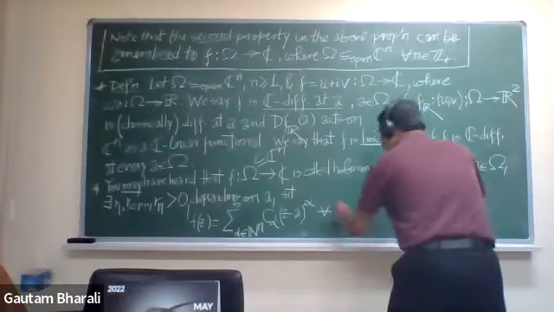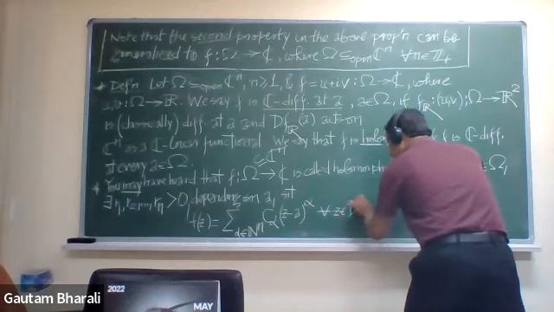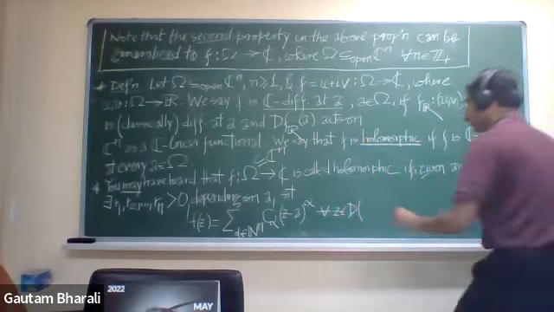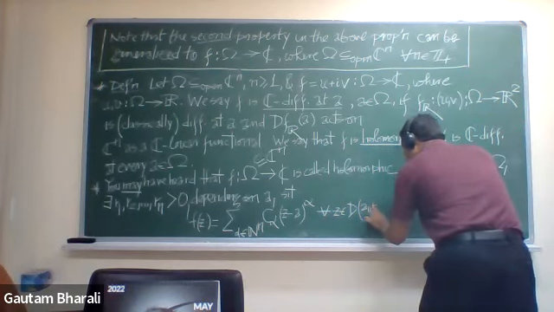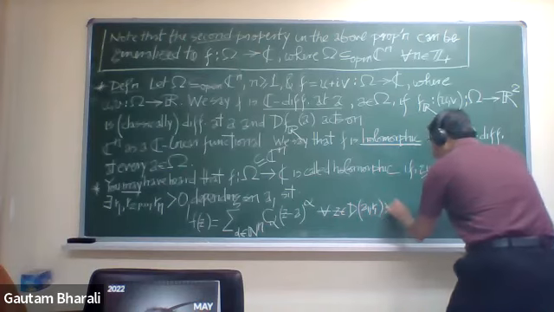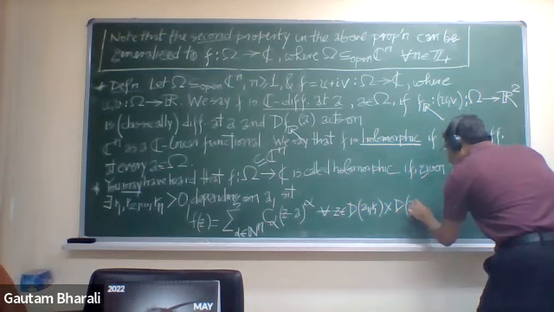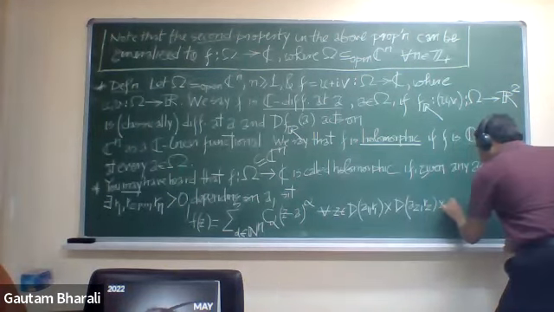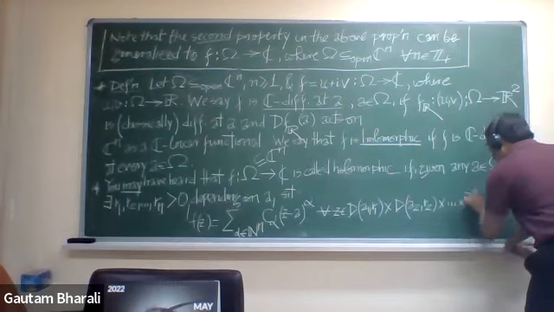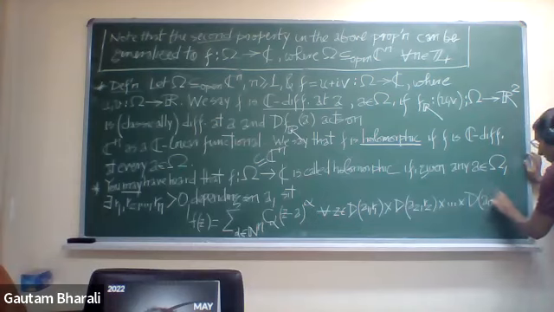This is true for all z in the following product of disks: the disk with center a1, radius R1, Cartesian product the disk with center a2 with radius R2, dot, dot, dot. The final Cartesian factor is the disk with center a sub n, radius R sub n, right?